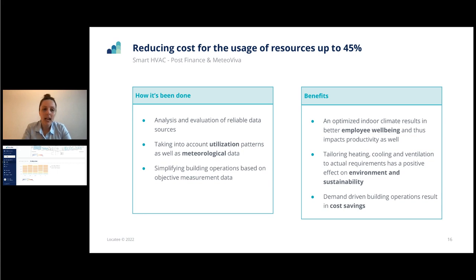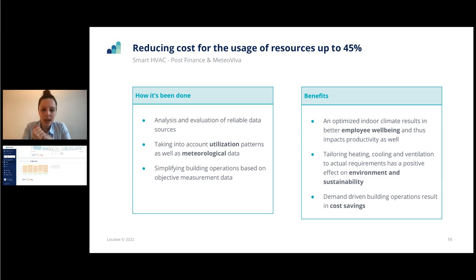HVAC in general is a slow system. It takes a long time if you switch on the heating or the cooling machine until you really see the results. Therefore, it makes a lot of sense to leverage additional information sources to optimize it as good as possible.